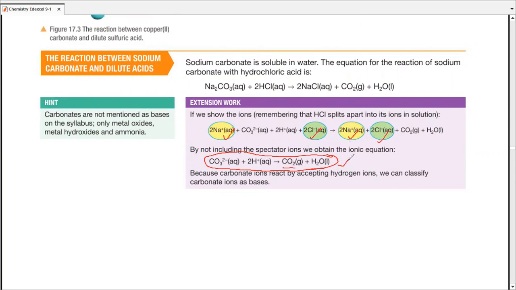So the equation is all about acid reacting with carbonate and producing carbon dioxide and water. Carbonates are not mentioned as bases on the syllabus. Bases only contain metal oxides, metal hydroxides, and ammonia. Carbonate is something different, so it is considered a separate category, not a category under base.